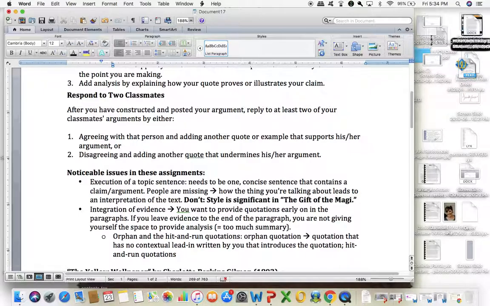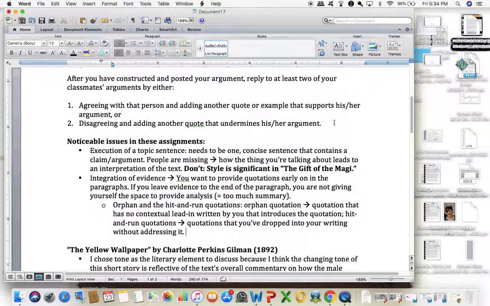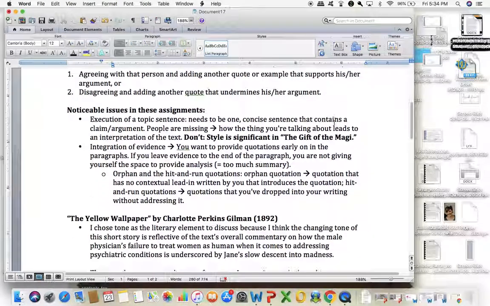Hit and run quotations are quotations that you've dropped into your writing without addressing them. So this is where you have writing, writing, writing, quotation, writing, writing, writing, where none of that writing addresses your quotation.